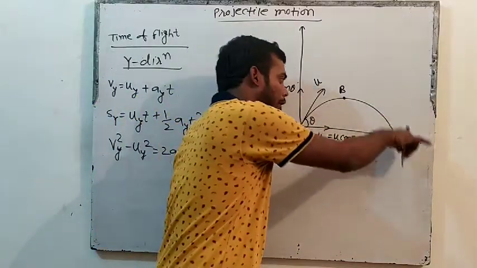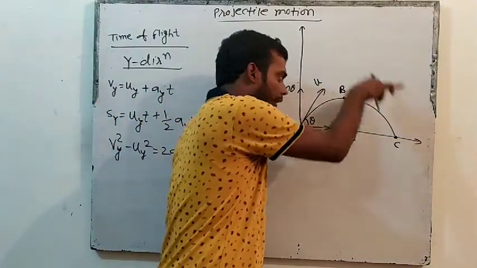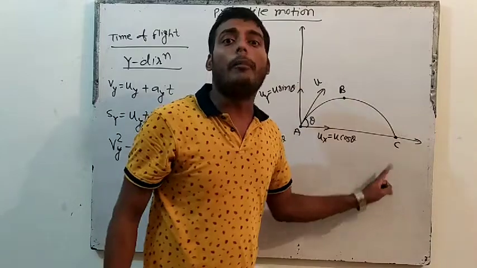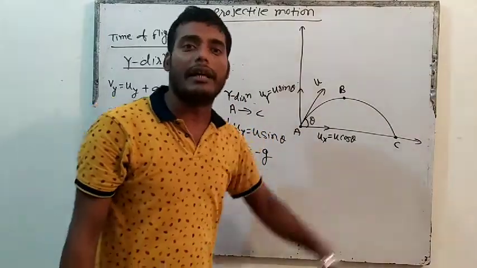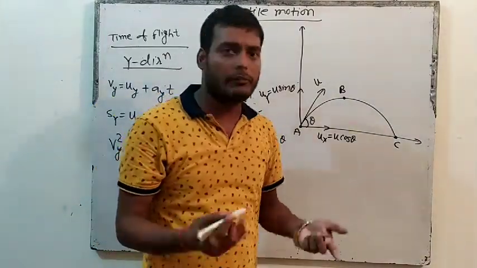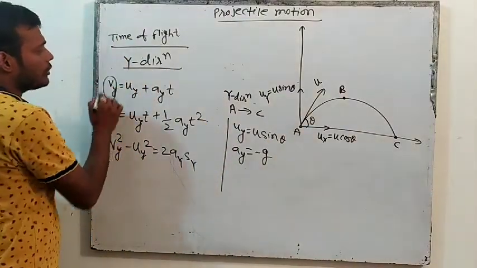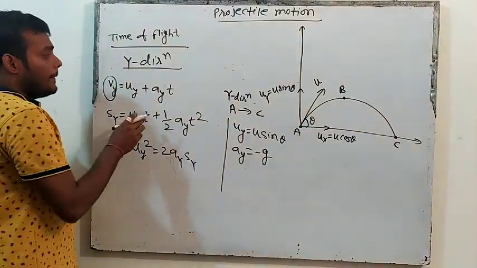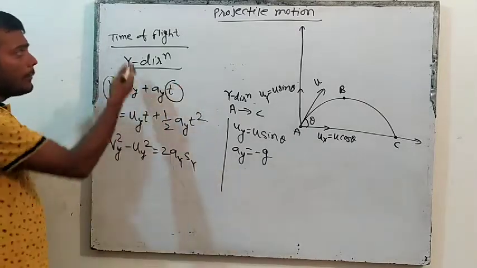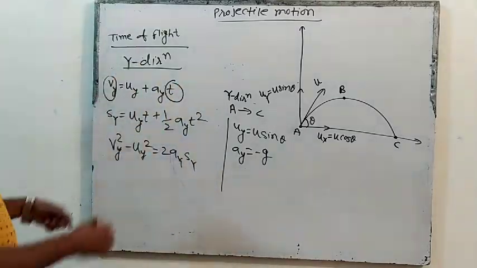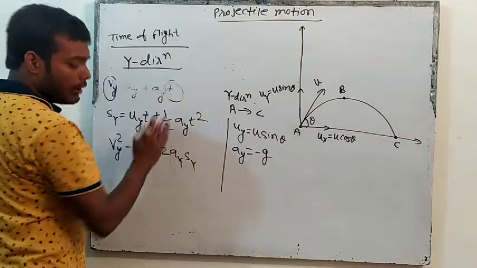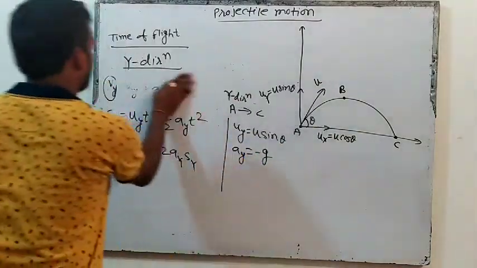With how much velocity it will hit the ground, that final velocity in the y direction, is unknown. We want to calculate the time of flight, so there are two unknowns. If this equation has two unknowns, we will not select it.